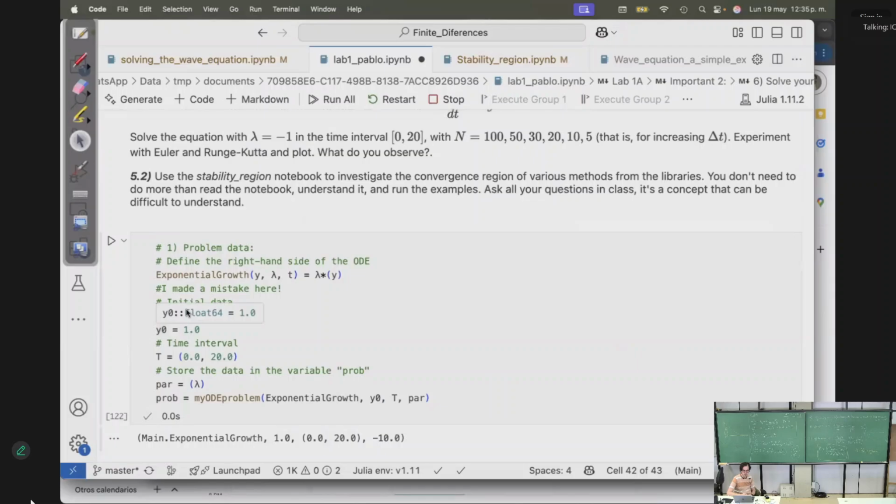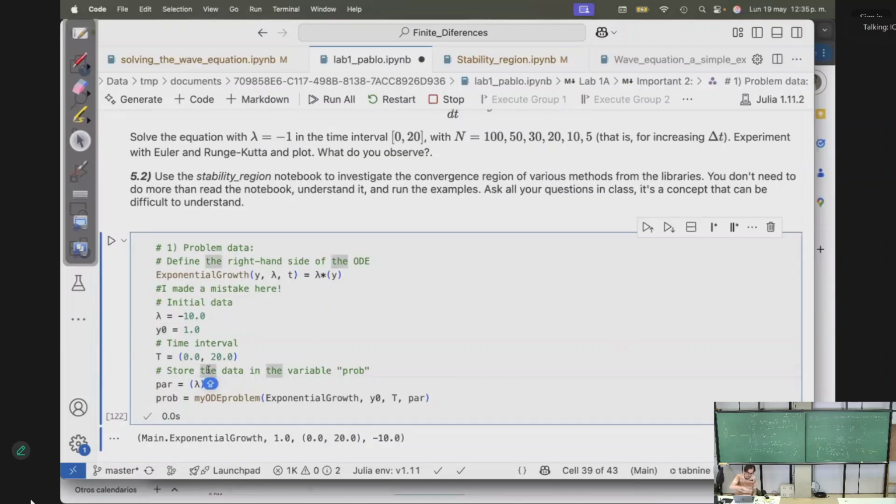We think, okay, our problem is good, actually we have an exponential decay, I expect Runge-Kutta to simply go there, but if you don't choose the delta t according to the value of lambda, then you will get this kind of issue, okay? So does everybody understand what's happening here in the stability region?